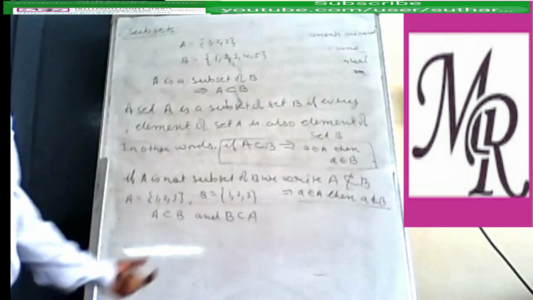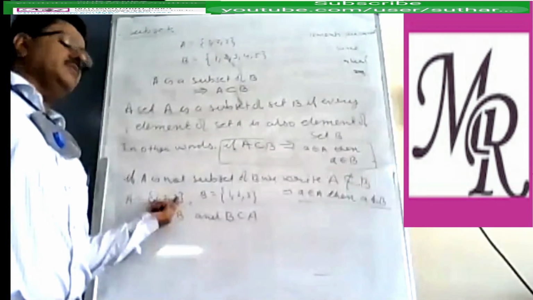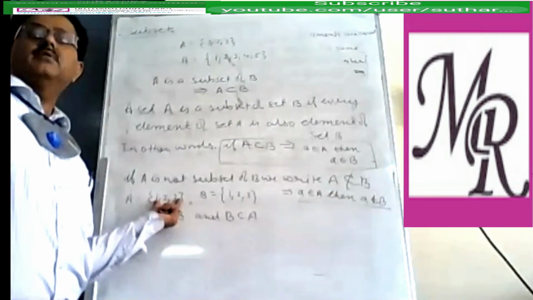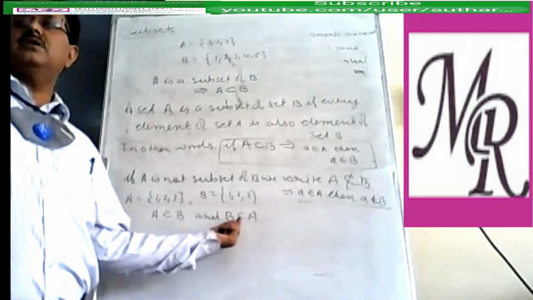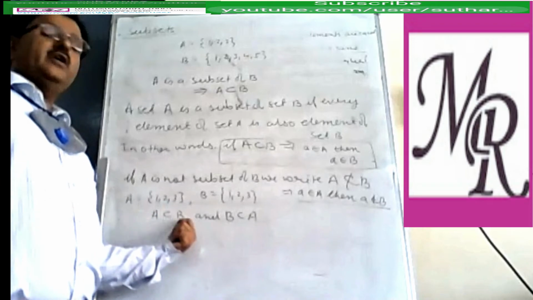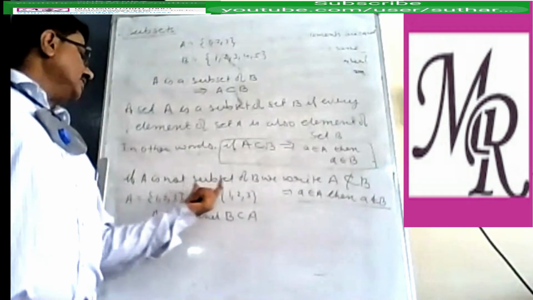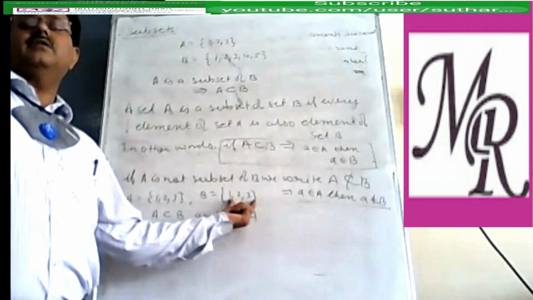Because all elements of B are also elements of A, then B is a subset of A, and A is a subset of B because every element of A is an element of the set B.